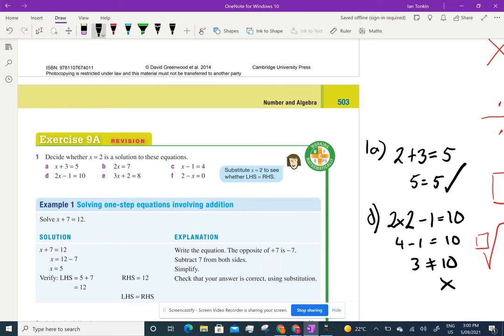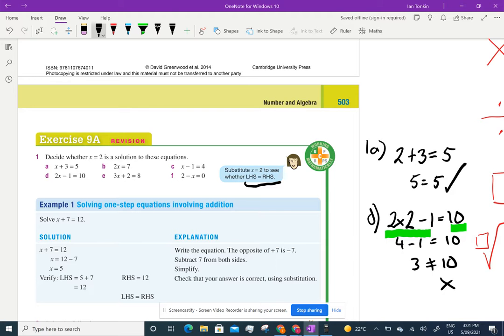So 2 is not a solution to that one. Remember, and they line it here, you just work one side, whether the left-hand side equals the right-hand side. So there's my left-hand side, there's my right-hand side. And if they equal each other, away I go.